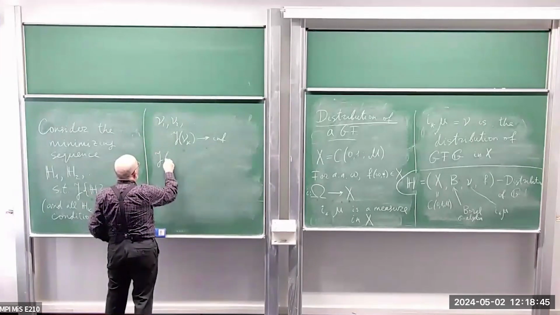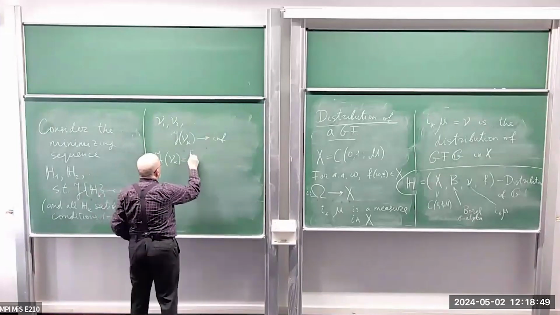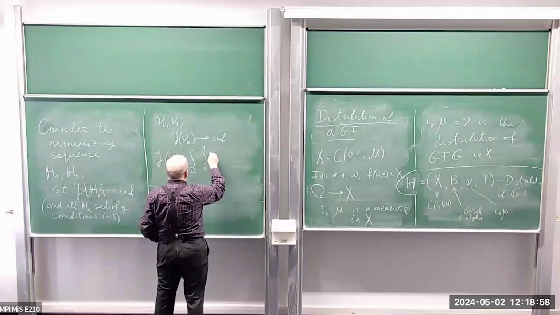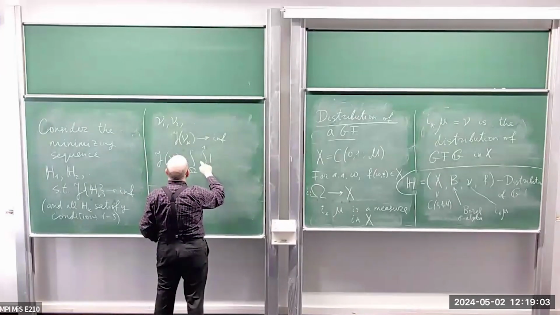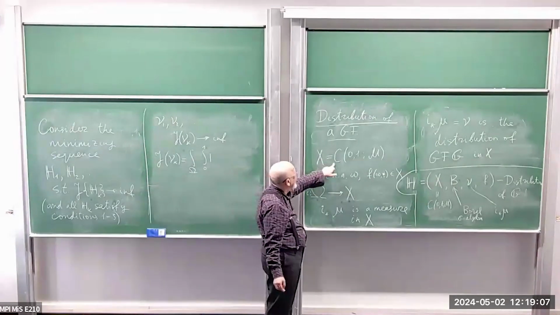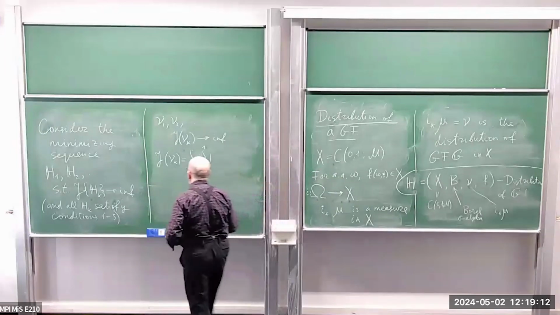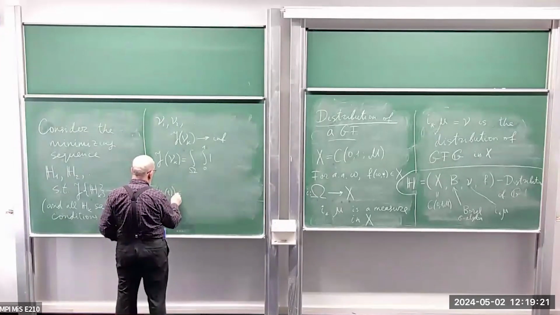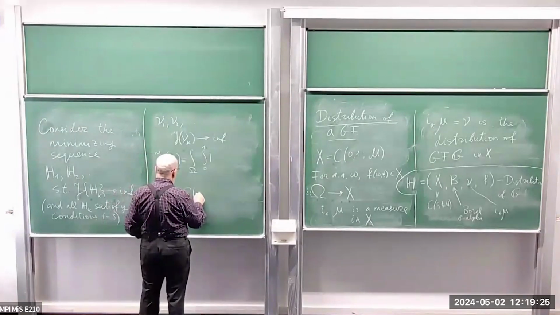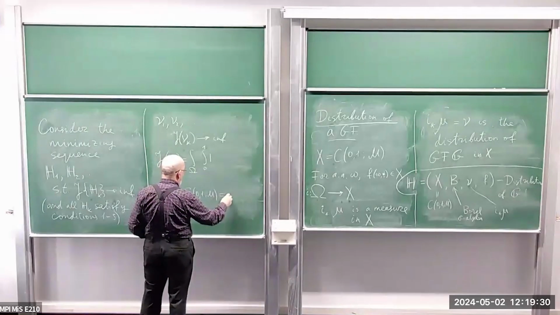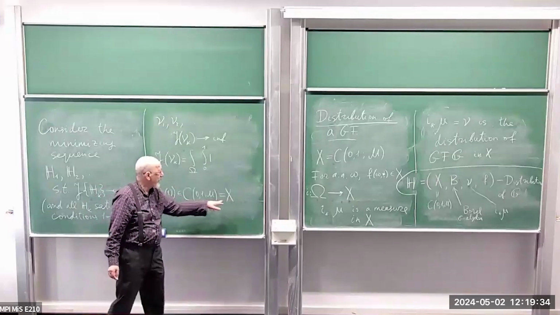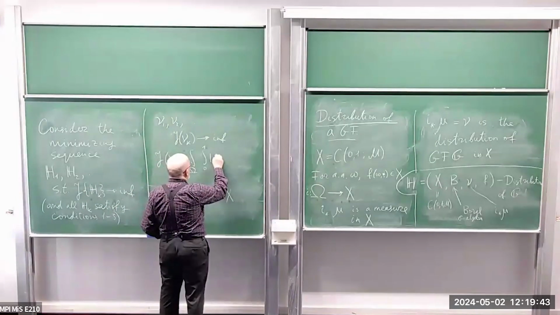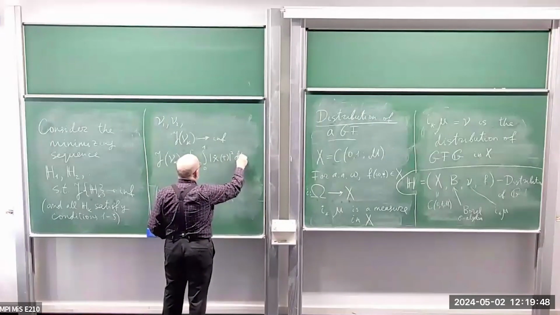The action of nu k equals the integral over omega, of the integral from 0 to 1 of x dot of t squared dt. Here elements of capital X are simply curves x of t.